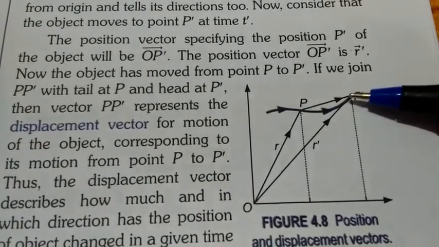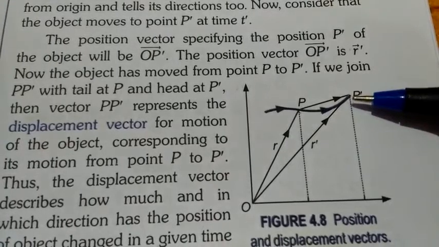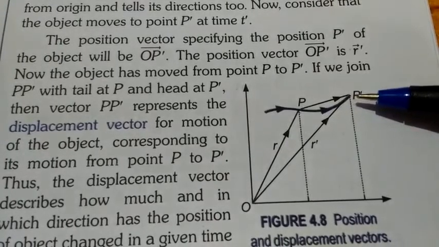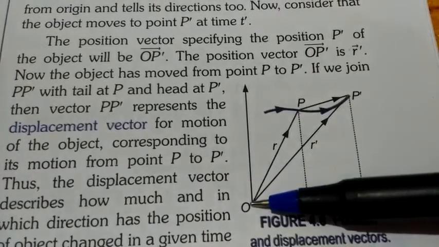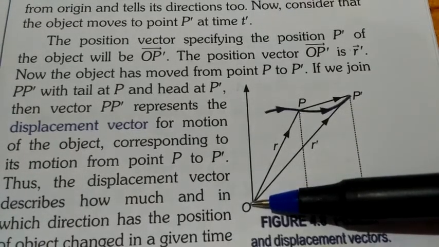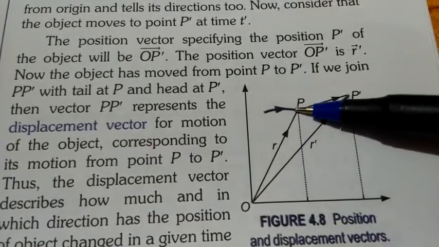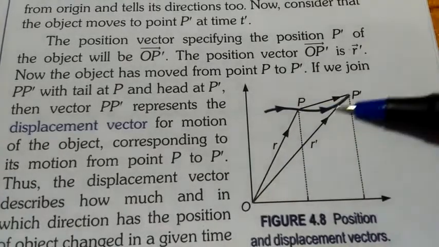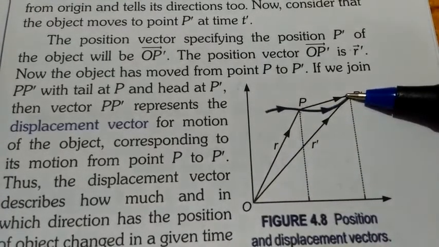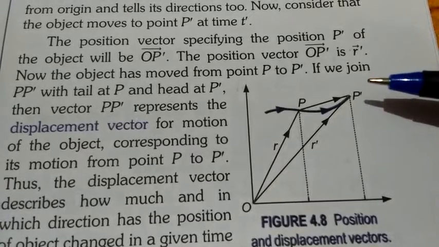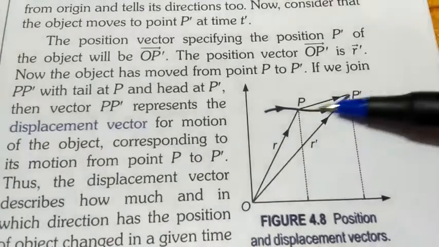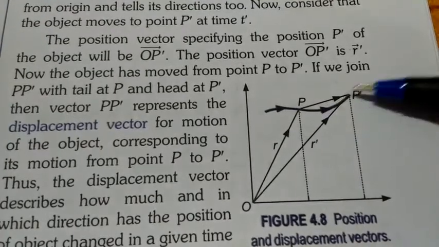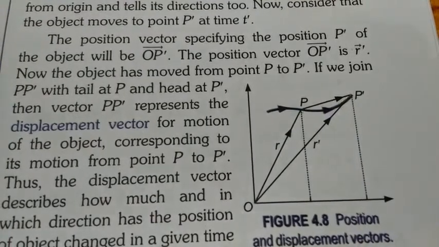So I hope you all have understood what a position vector and a displacement vector are. The vector which shows the position with respect to the origin, R and R dash, is called the position vector. And the vector which shows the distance between any two given points in space is called the displacement vector.